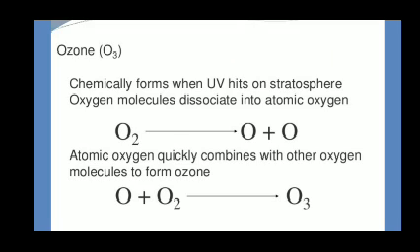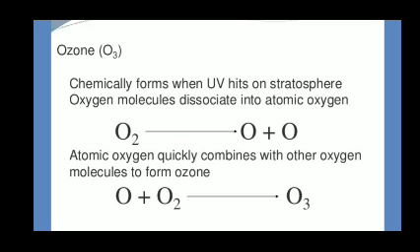O2 interacts with sunlight, then forms single oxygen atoms, O plus O. Atomic oxygen quickly combines with another oxygen molecule to form ozone, O3.